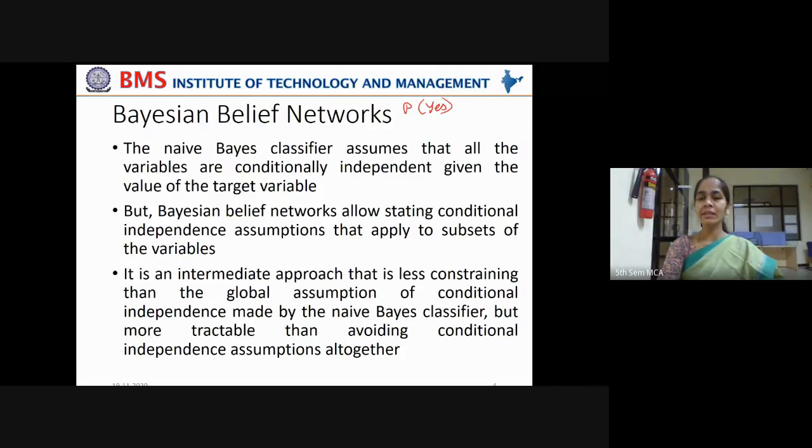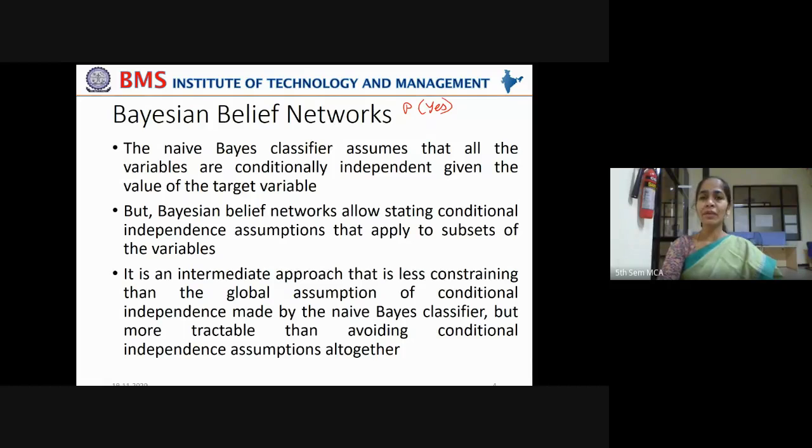While calculating this, we considered each of the attributes, sky, humidity, outlook, and assumed them as conditionally independent.